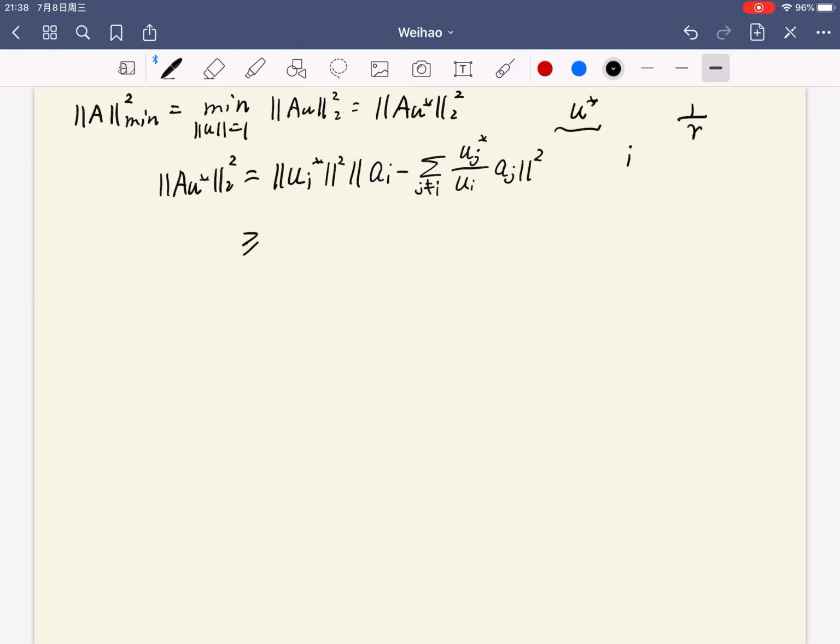Which is bigger than 1 over r squared. For this, we use the assumption about the all factors being of equal strengths.